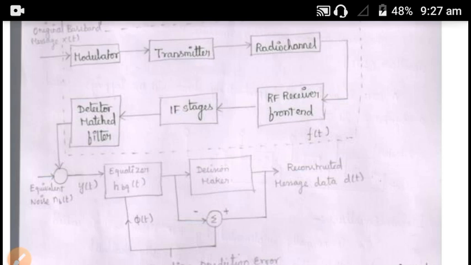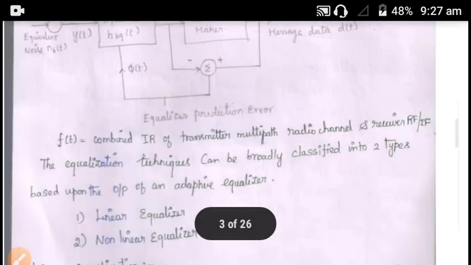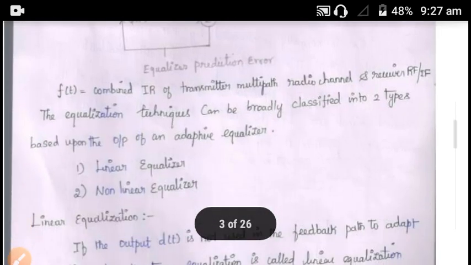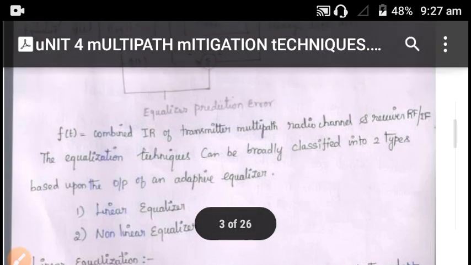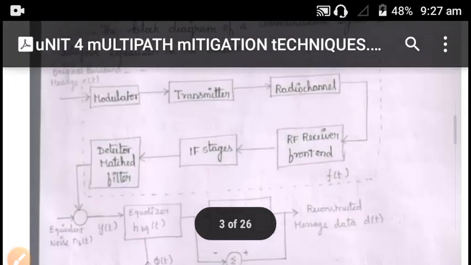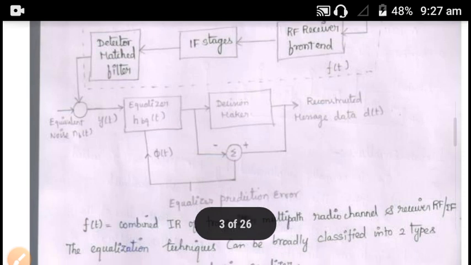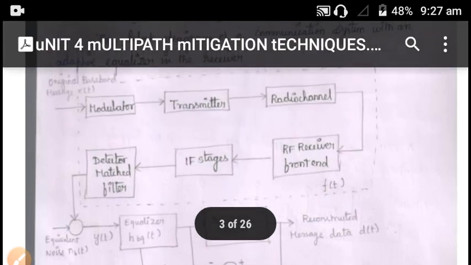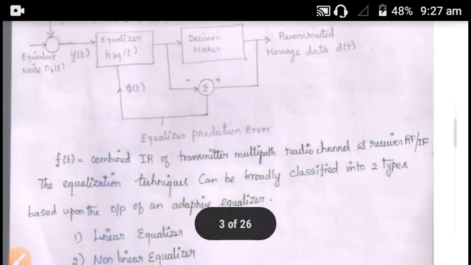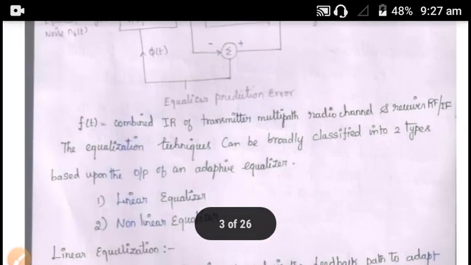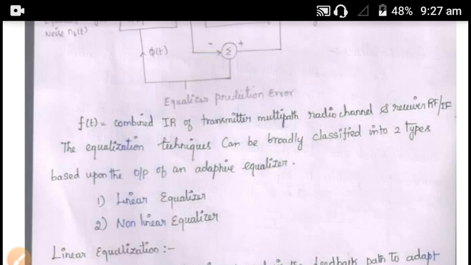Again, at the receiver output we get the reconstructed message data d(t). The dotted line box shows the f(t) signal. It is the combined impulse response of the transmitter, multipath radio channel and the receiver RF or IF.